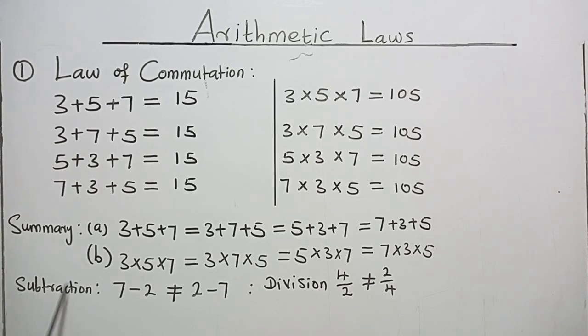In subtraction, let's try with 7 minus 2 and then 2 minus 7. When we are subtracting, the number that comes first is important. Let's find out. 7 minus 2. In this case, 7 comes first and 2 comes next. Let this sign be a sign of subtraction. But if this sign is not a sign of subtraction, then it might be seen to obey the commutative law.